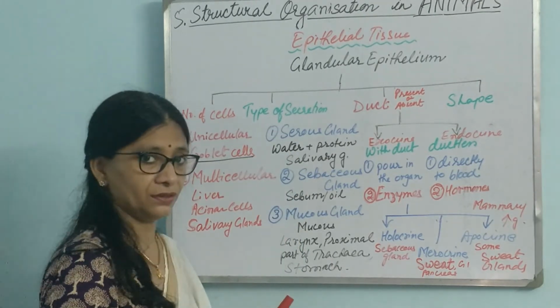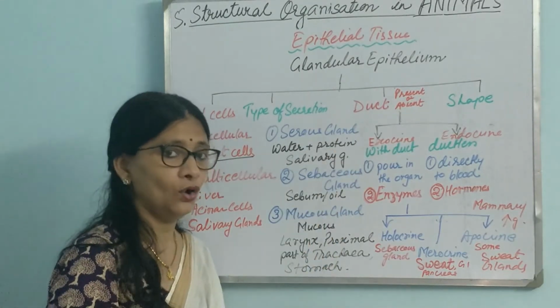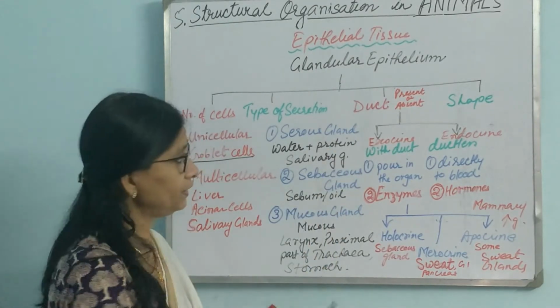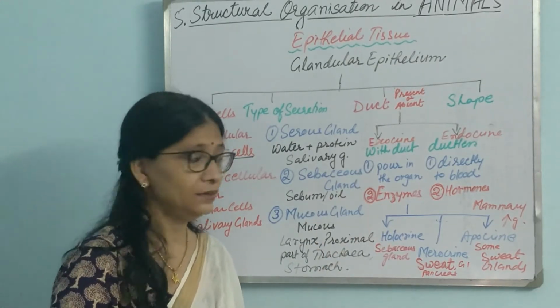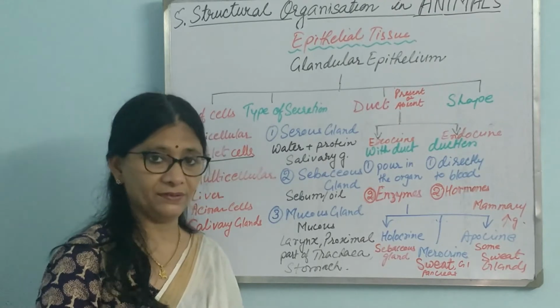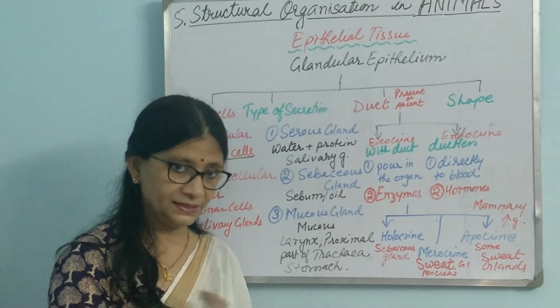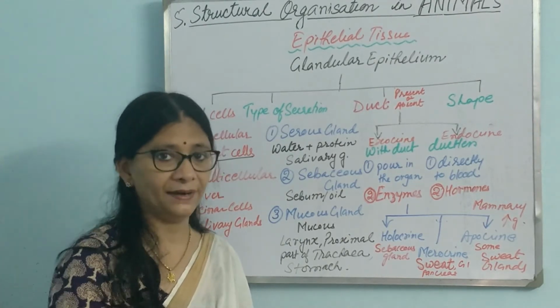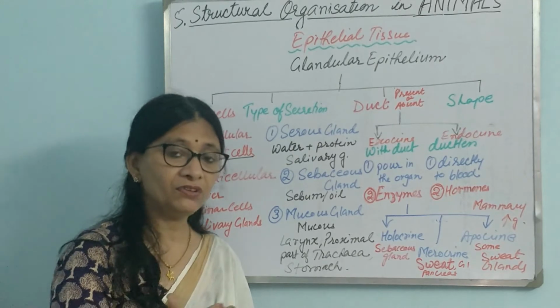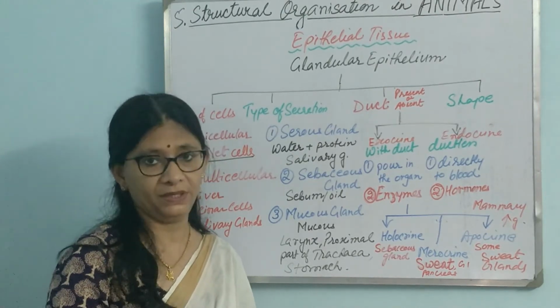Now the next criteria is whether duct is present in the gland or it is not present. If the duct is present, then those glands are known as exocrine gland. And if the ducts are not present, that means the substance which these glands are secreting is released directly in the blood. There is no duct which is leading it into a particular organ.